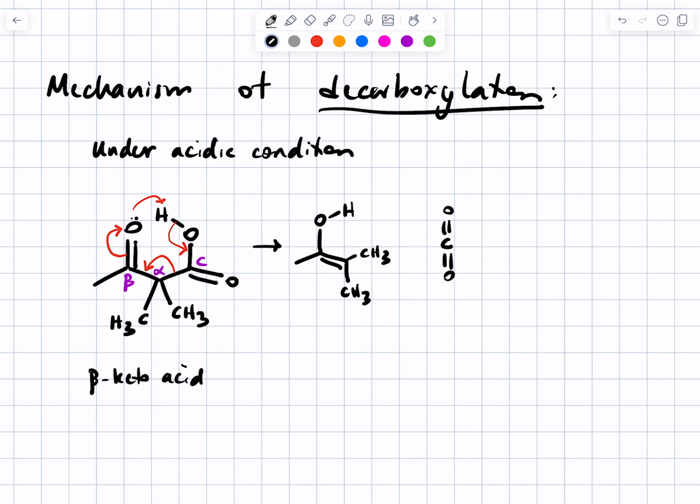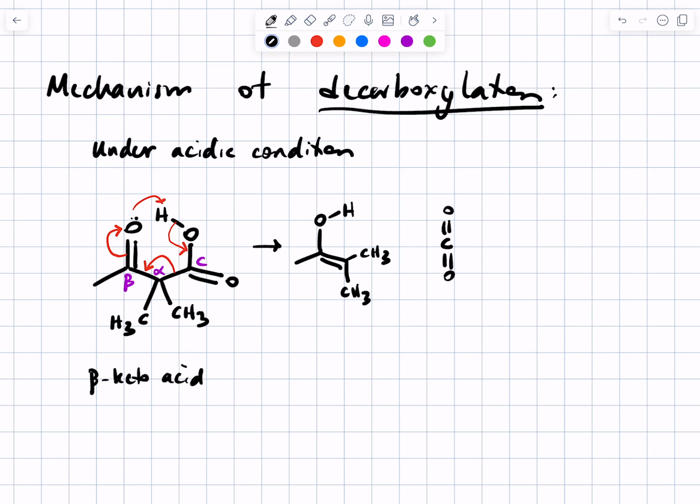Now, that was kind of a lot to talk through. What makes this happen? This is more difficult than you're used to because this is an intramolecular elimination reaction. CO2 is being eliminated from the molecule, but it's not clear where it begins.